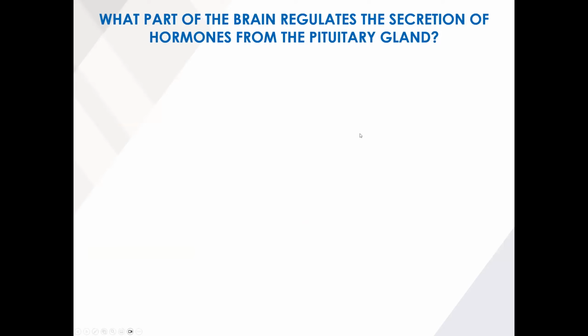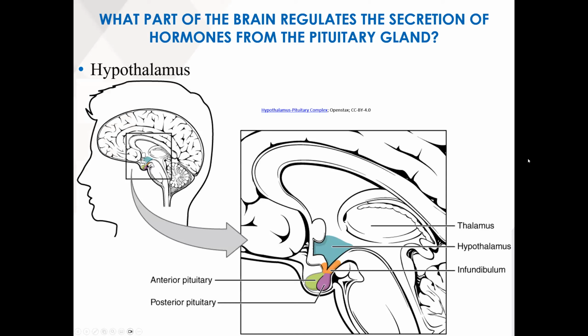What part of the brain regulates the secretion of hormones from the pituitary gland? Or who's in charge of the pituitary gland? Yeah, the hypothalamus is going to be in charge of it. So you could even see that the pituitary is like hanging off of the hypothalamus. So the hypothalamus sends messages and tells us to release things from the pituitary.